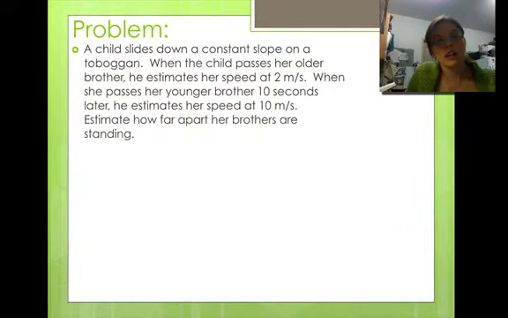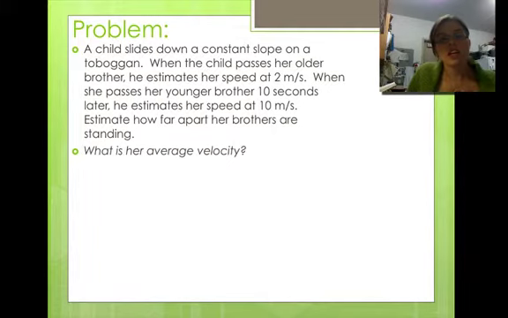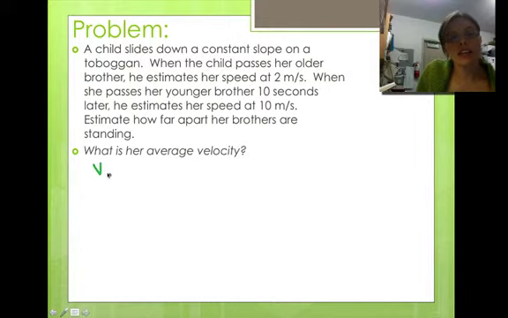Let's look at another way. You could ask, what is her average velocity? So her average velocity, V average, is equal to Vf plus V naught divided by 2, since the acceleration is constant.